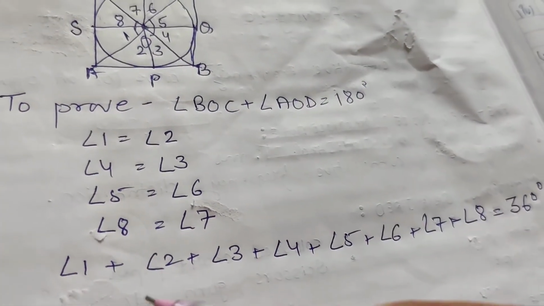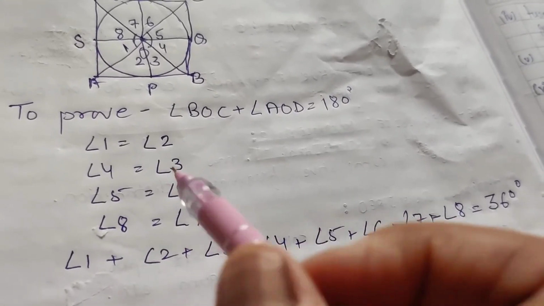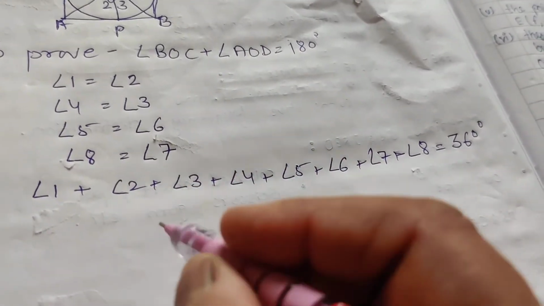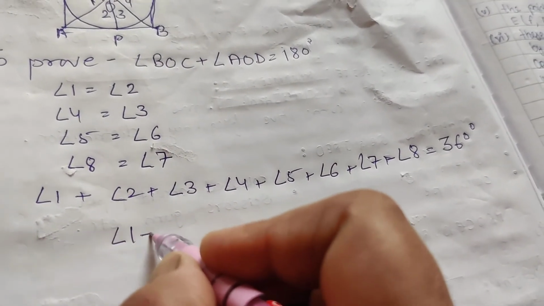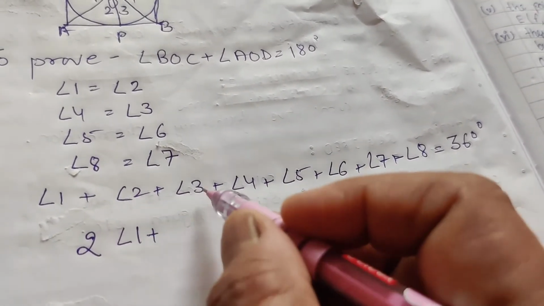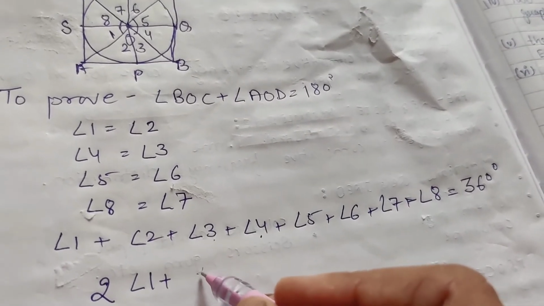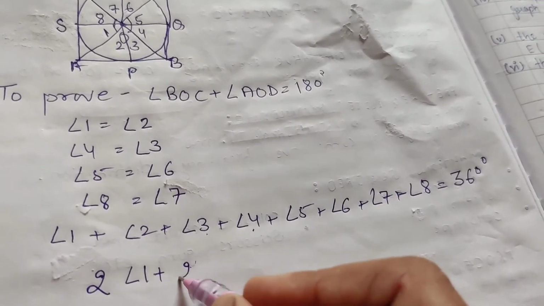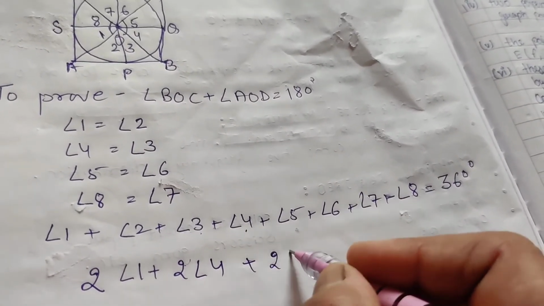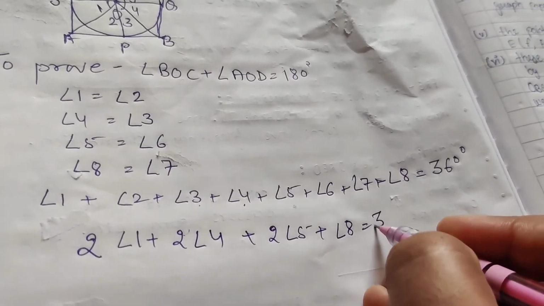Now we can write angle 1 equal to angle 2, so 1 plus 2 means 2 times angle 1. 3 plus 4, 2 times angle 4. 5 and 6, 2 times angle 5. And 2 times angle 8 equal to 360 degree.